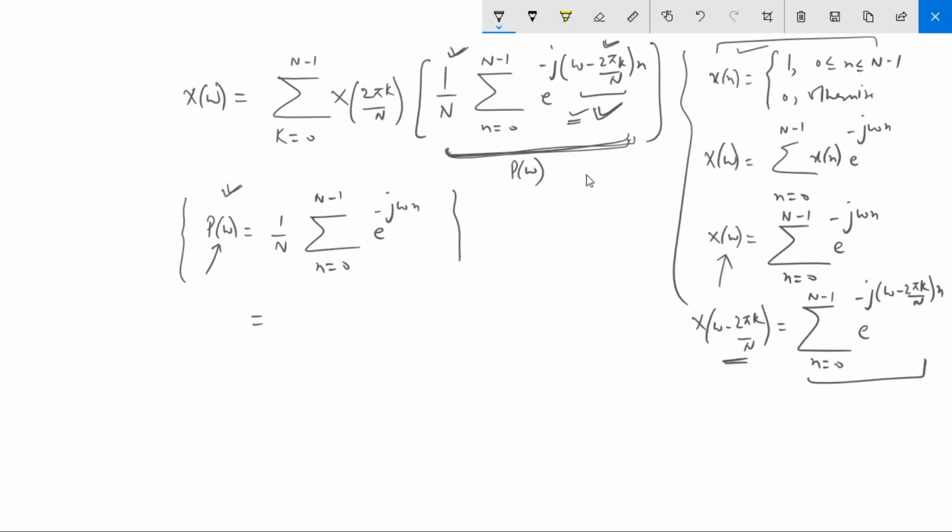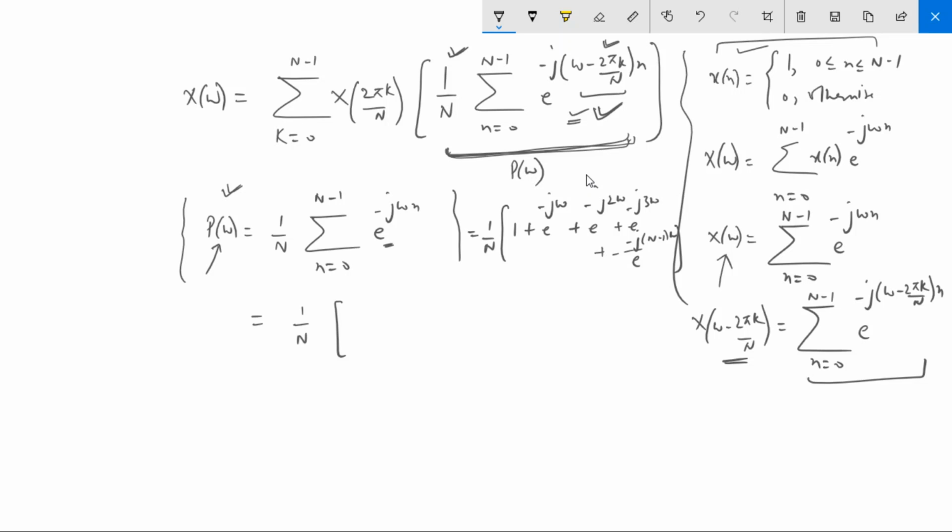So if you calculate it, it will become 1 by N. And if you open this series, this is a geometric progression with the common ratio of e raised to power minus j omega, isn't it? It will be 1 by N times: when n is 0 it is 1, then e raised to power minus j omega, then e raised to power minus j 2 omega, minus j 3 omega, and so on up to e raised to power minus j (N minus 1) omega.